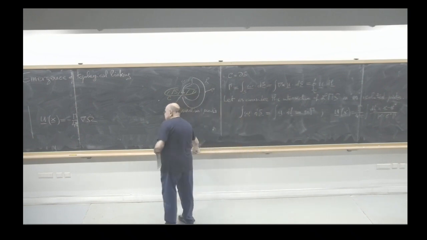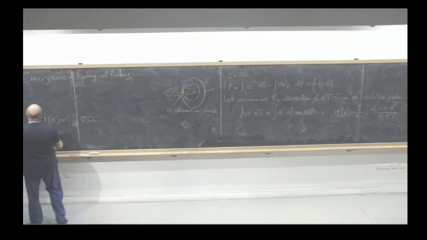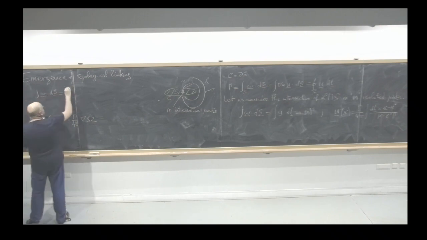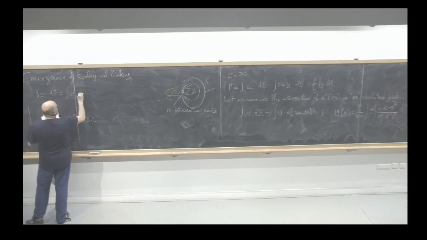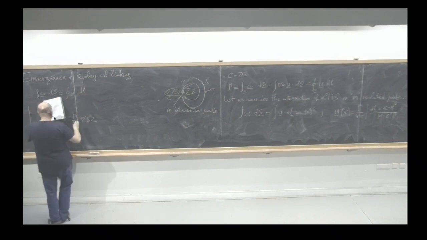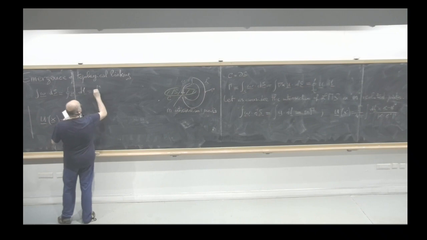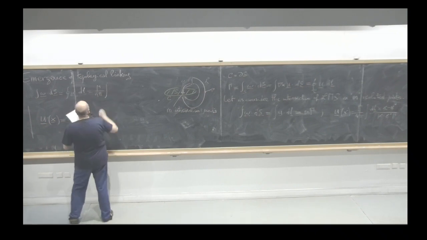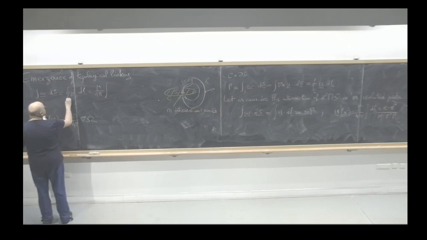So when I do this, I have omega dS as integral U dL. And now I plug it in the Biot-Savart formula, and I have first integral, this is C, right?